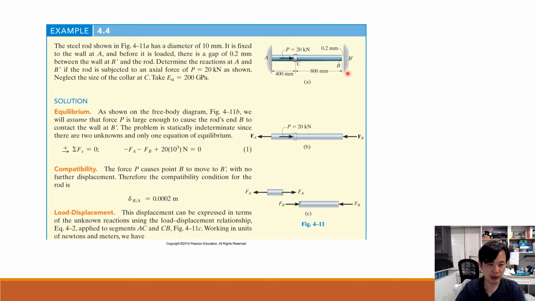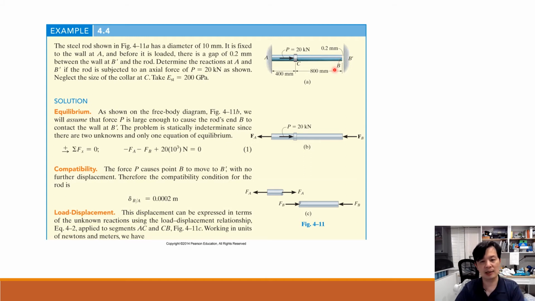If the rod is subjected to a force like this, notice that we don't need to worry about the size of the collar at C. The Young's modulus is 200 gigapascal. In this case, we may have two possible cases. One is that after the actual loading, the end B cannot contact B prime, which means the gap is still there, but a little bit smaller.